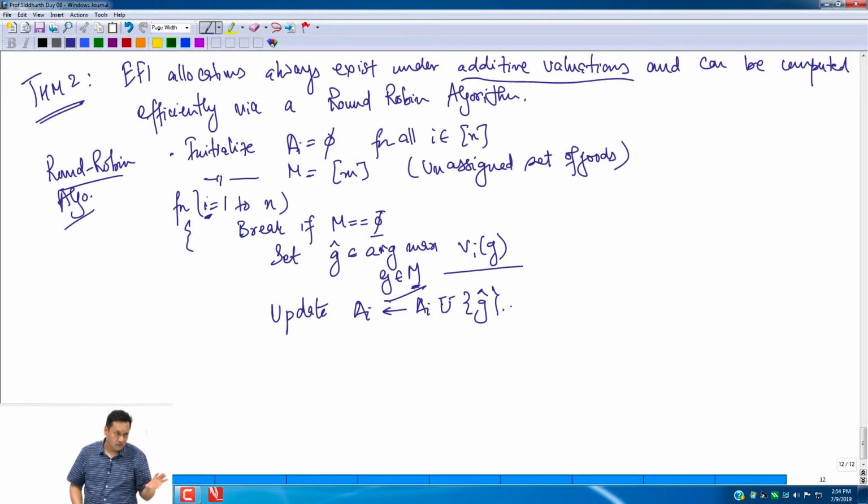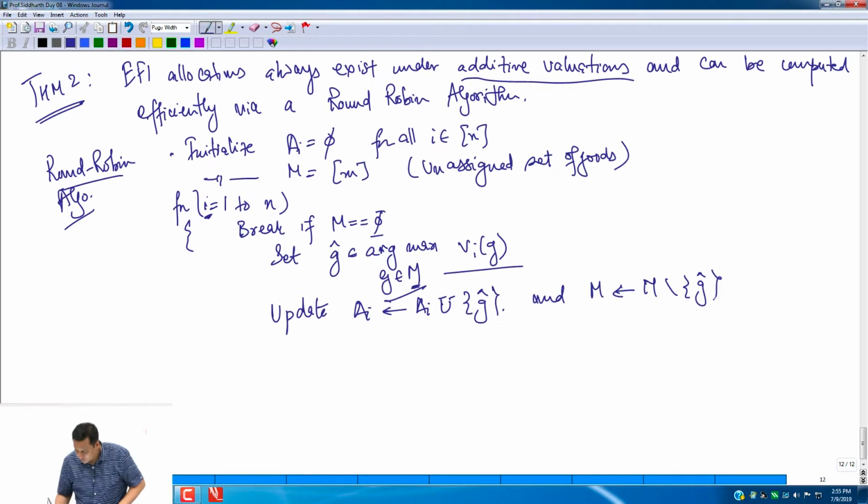A_i has made a selection, and this good is now off the table. You remove this good from your set M and you are good to go. That's it. The round robin executed with just this simple greedy choice.